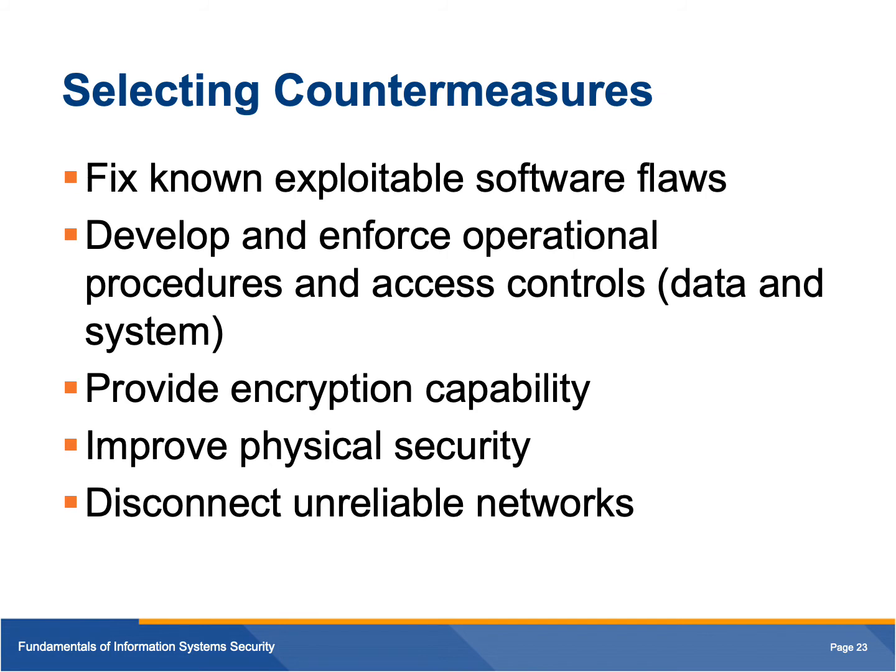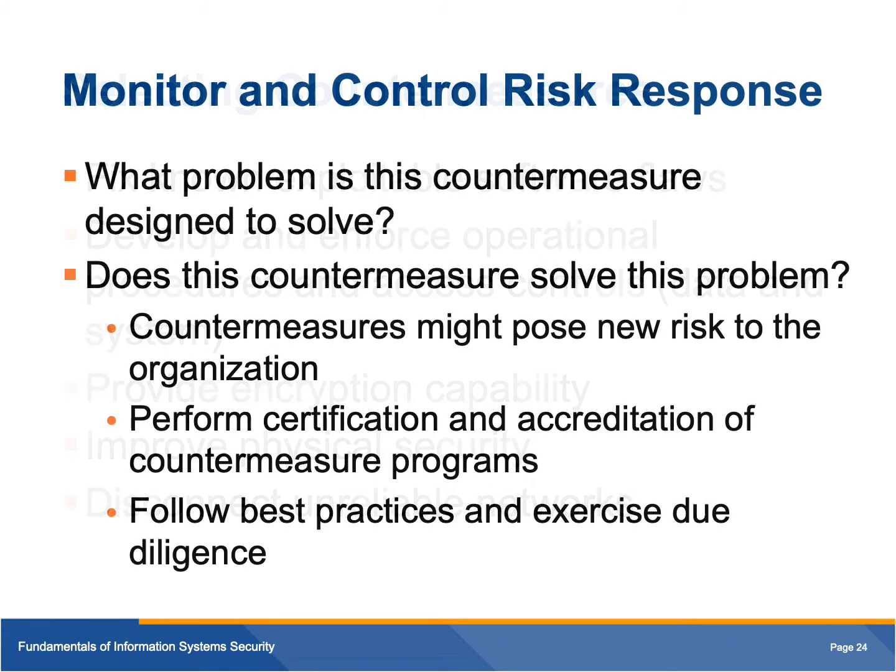Can we fix the bugs, basically, the vulnerabilities? Can we put in place some procedures, operational procedures and access control procedures? Can we develop them? Can we make sure that they're working? Can we provide encryption? Can we improve the physical security? Can we remove the unreliable networks that we're connecting to?